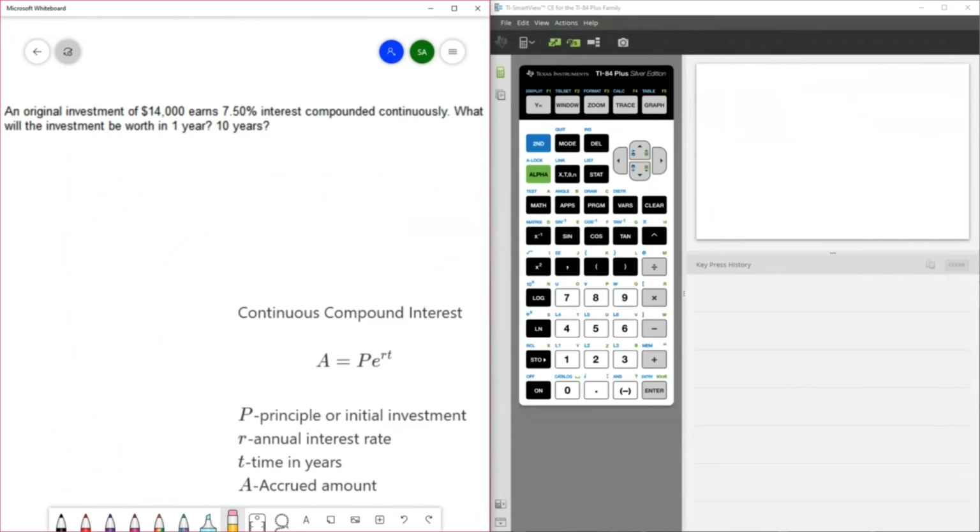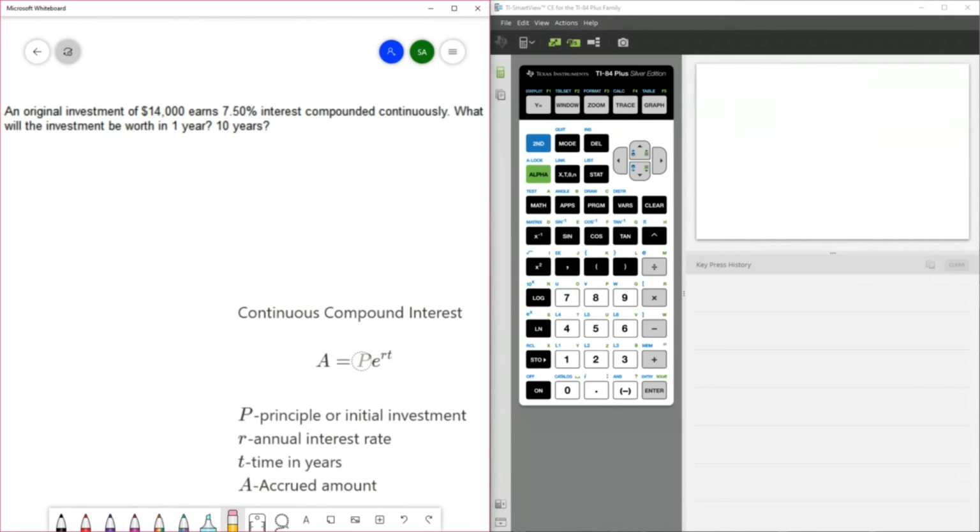So as I read this problem, I noticed that the interest would be compounded continuously. And that indicated that I'd be using this formula for continuous compound interest. The formula is A equals P e to the RT. So I wanted to take a moment to go over what all of the variables stood for in this formula.